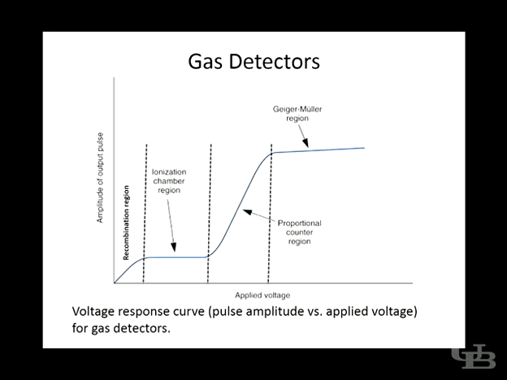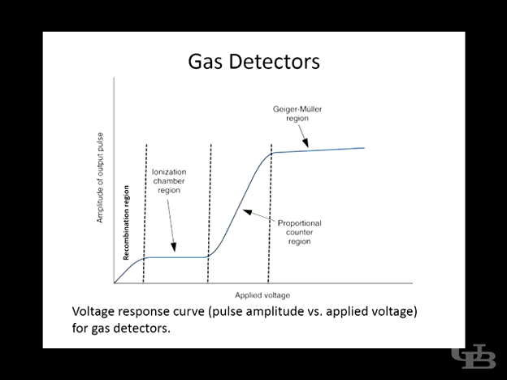So you don't collect enough signal. When you increase the voltage to the chamber, a higher electric field is produced, and therefore there's faster movement and less recombination of those charges. This region is called the ionization chamber. So you just collect the charges produced and get past the recombination region. This is the first region.